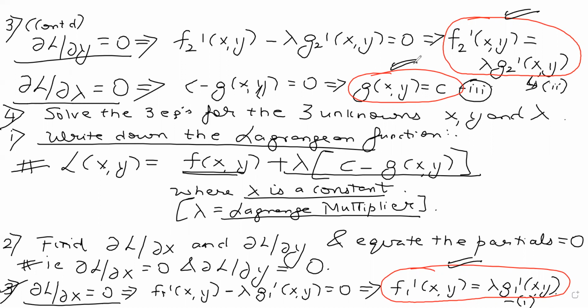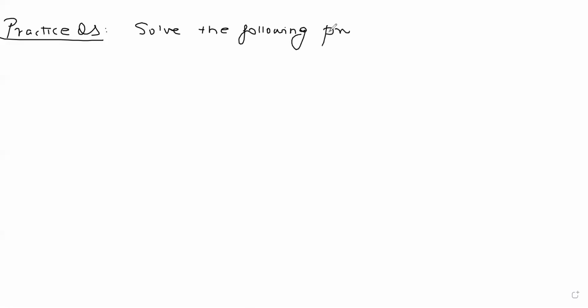Okay, so let's do a dummy question and then we are going to stop in this particular lecture. Let's look at a practice question based on the Lagrangian method. The question is as follows: solve the following problem using the Lagrange method.